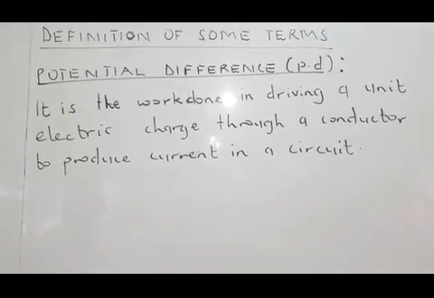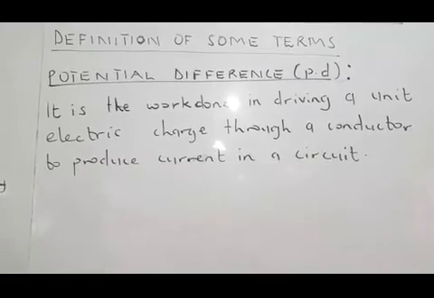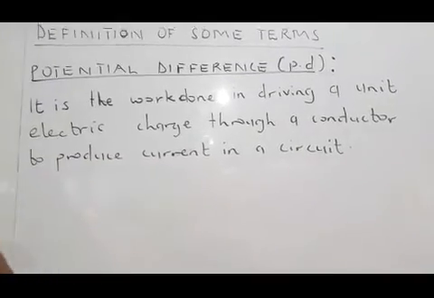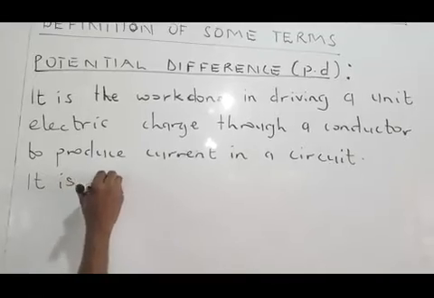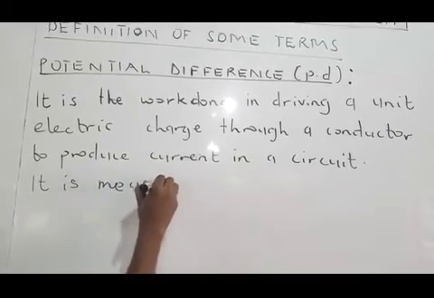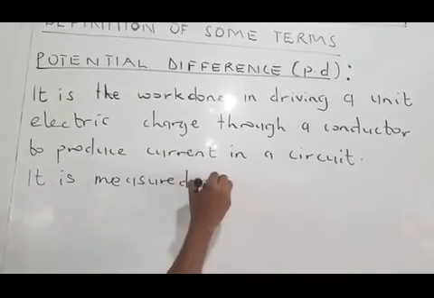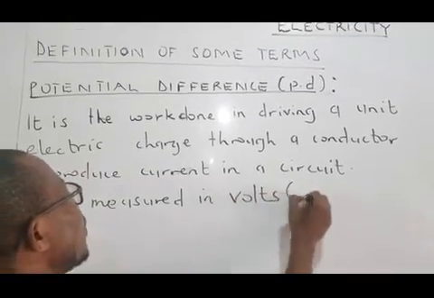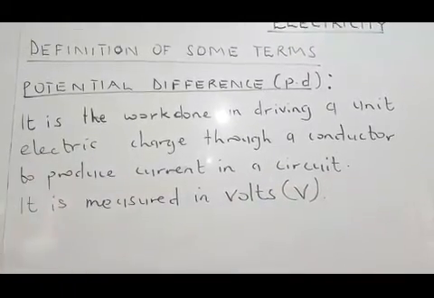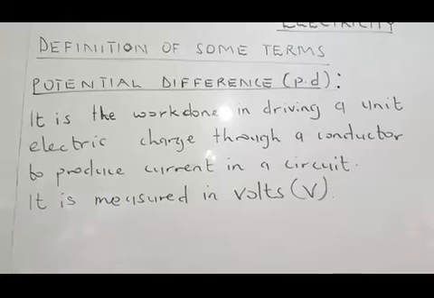That is potential difference. The unit of potential difference is volts. It is measured in volts, which is represented as V.